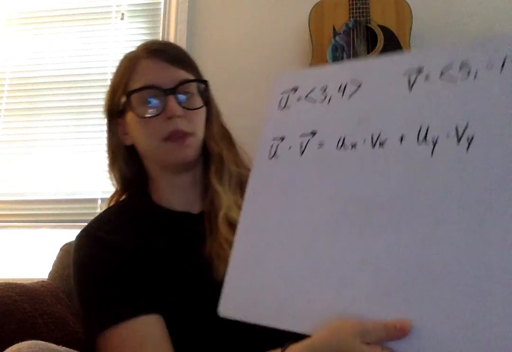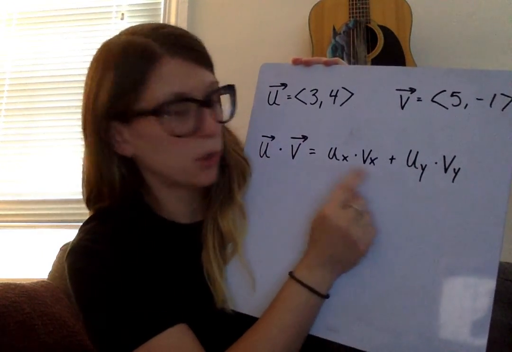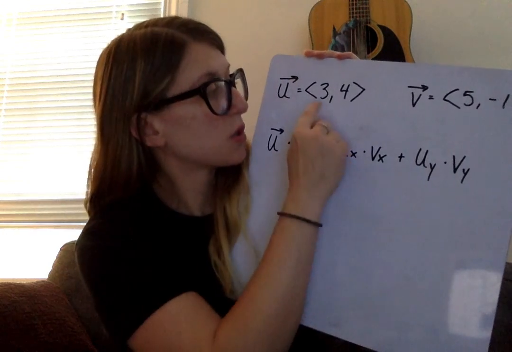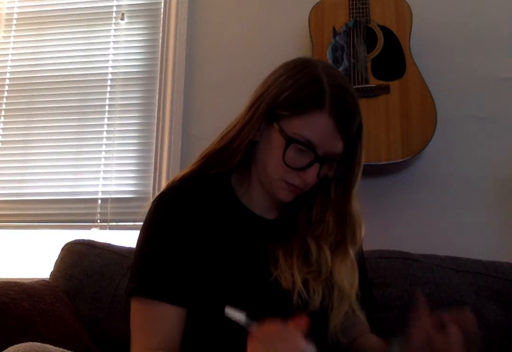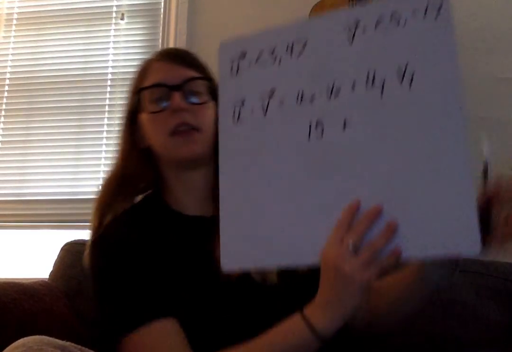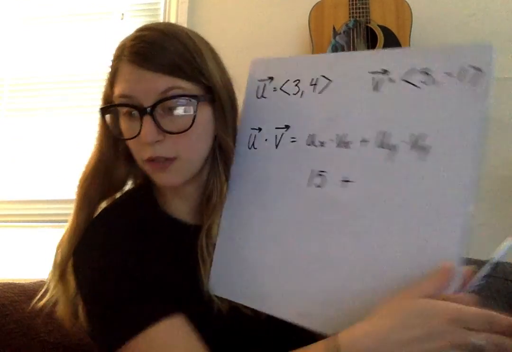So if we're looking at this, what I do is I go, all right, let me multiply my x-coordinates. So 3 times 5, 15. And then I go to my y-coordinates. 4 times -1 is -4.